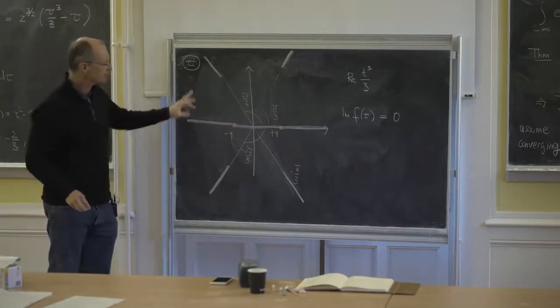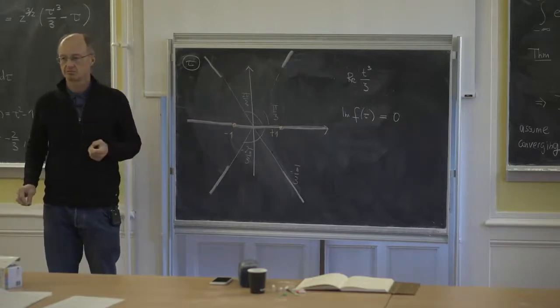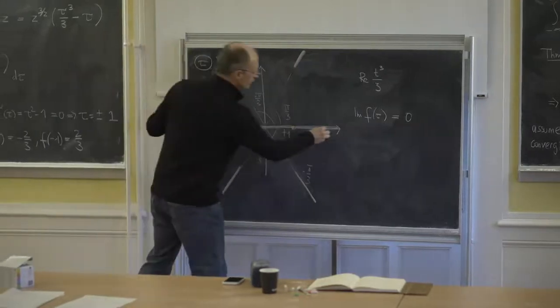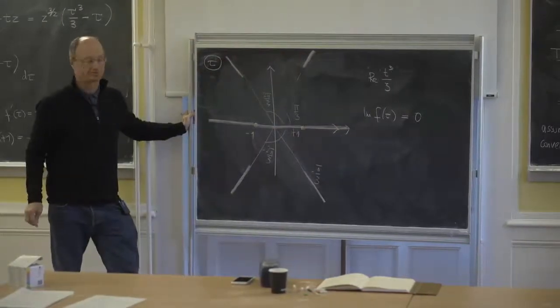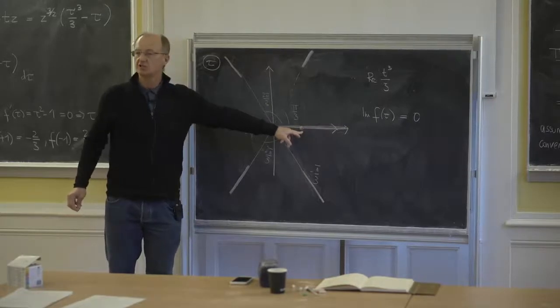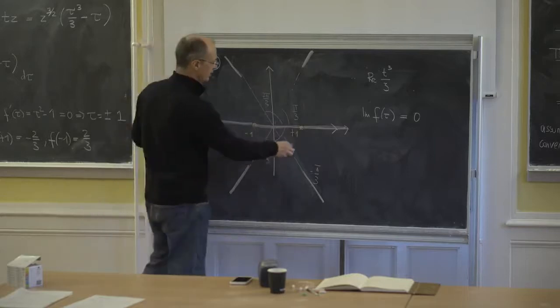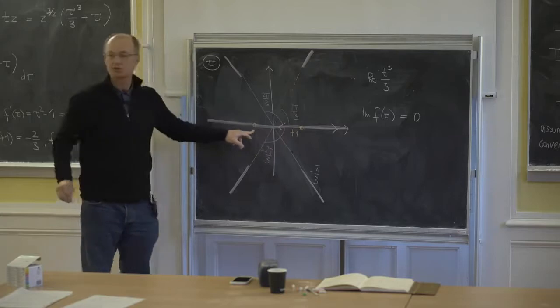Now let me also draw the directions in which the function grows. The function grows here when we go to plus infinity, right? Now this critical point is a local minimum, so the function grows when we go from plus 1 to minus 1.